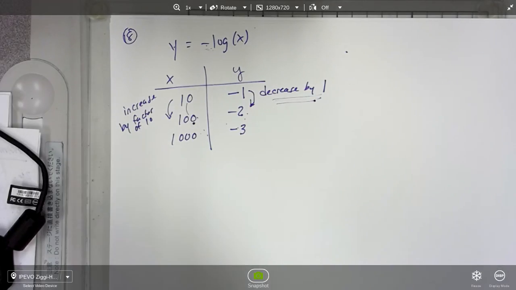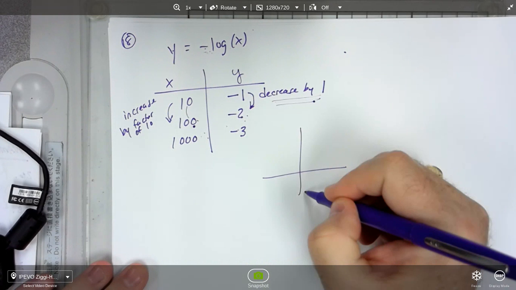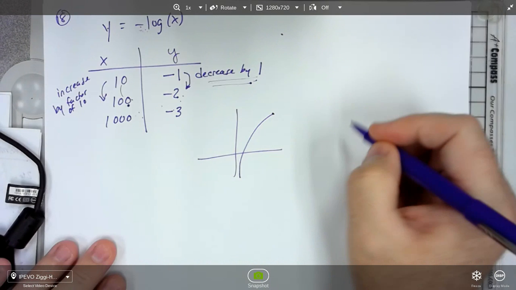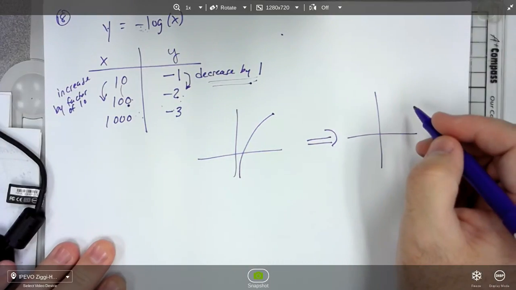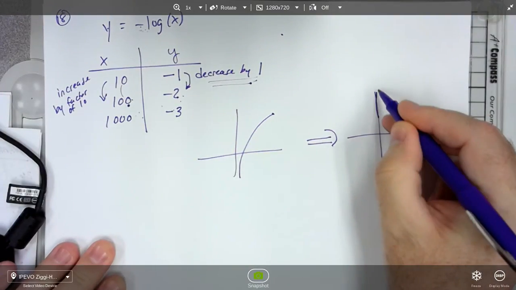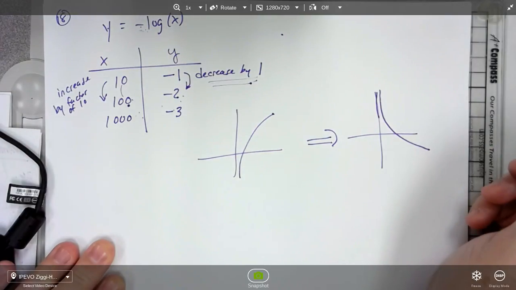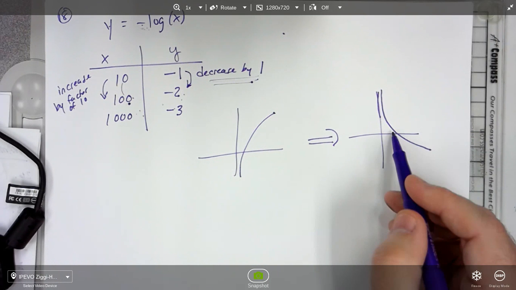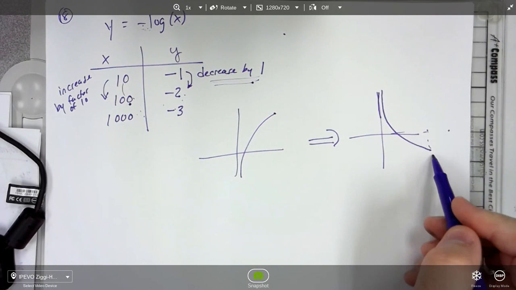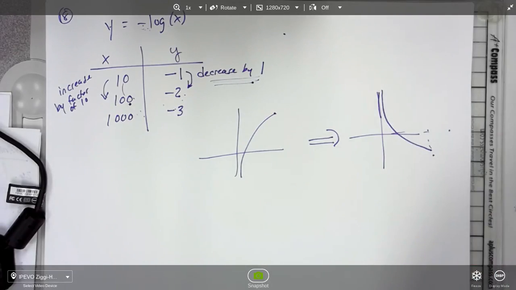It reflects over the x-axis. So what you would normally see as this is now flipped over and becomes what? Is it like that? You see? So my x is increasing, but my y values are decreasing, okay? As you're moving to the right.